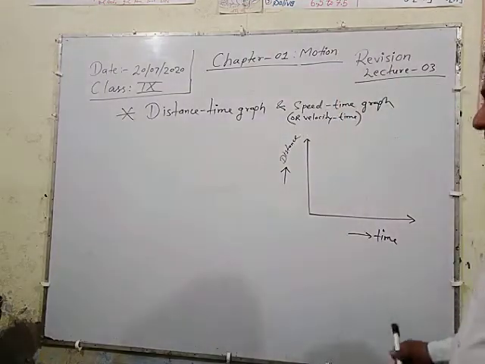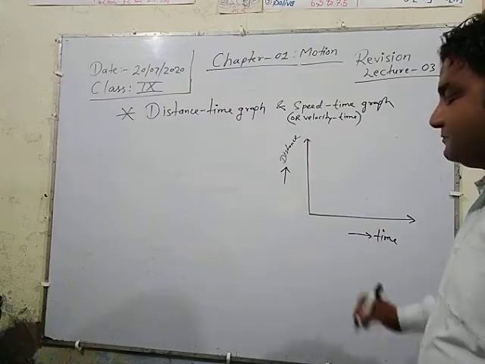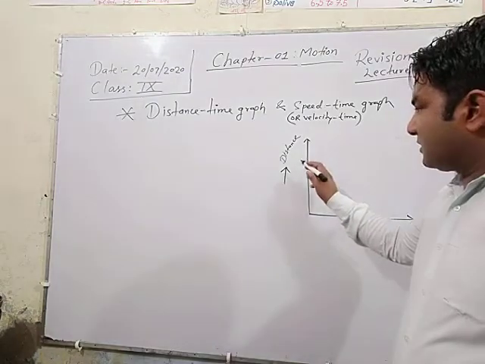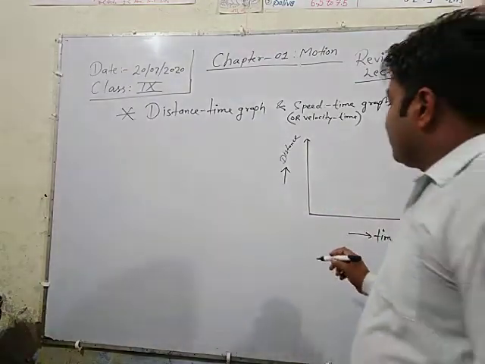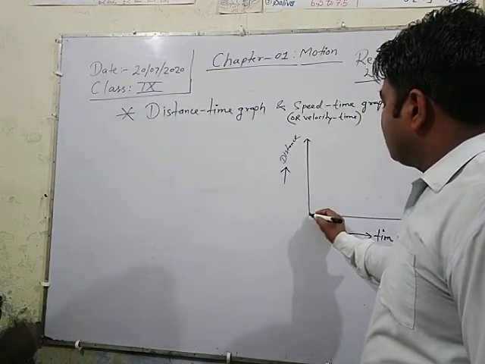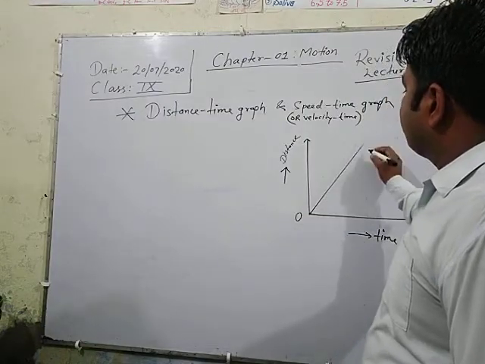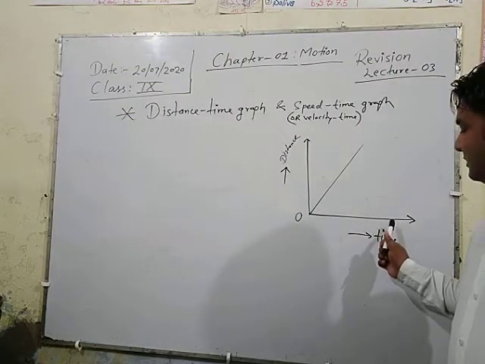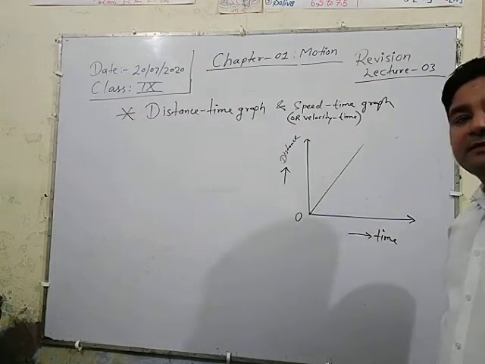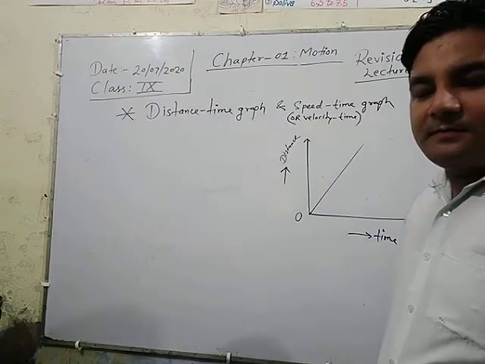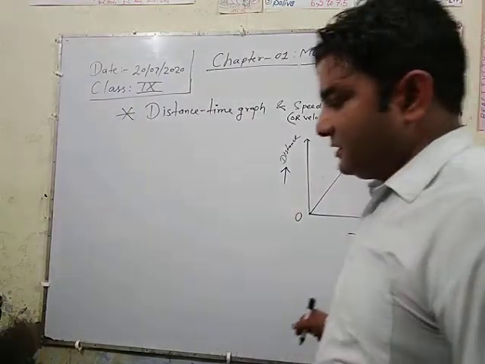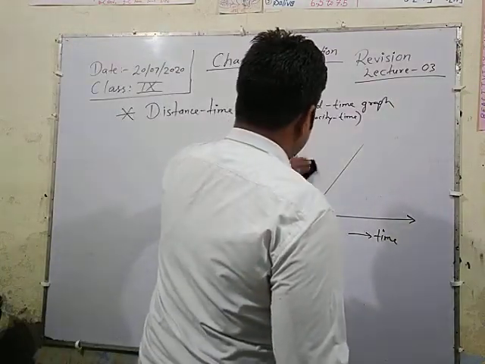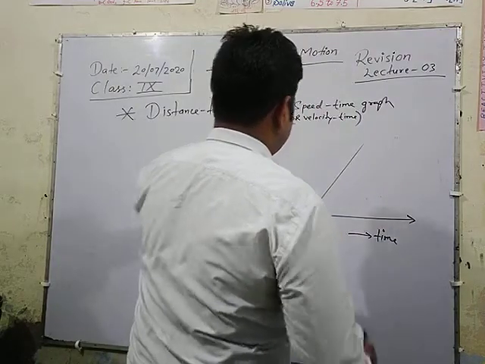Whenever the concept of speed is asked with distance and time, then you just draw the graph of distance and time. This is the origin point, and whenever there is a straight line in the distance time graph, then it is representing what? Speed. And in which case is it representing speed? Whenever taking slope.